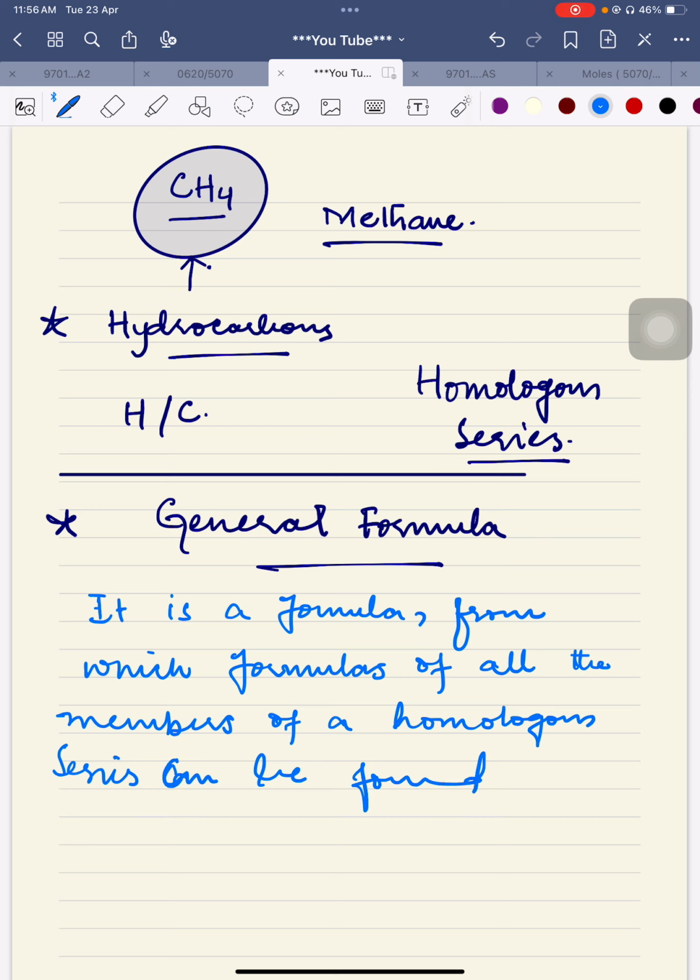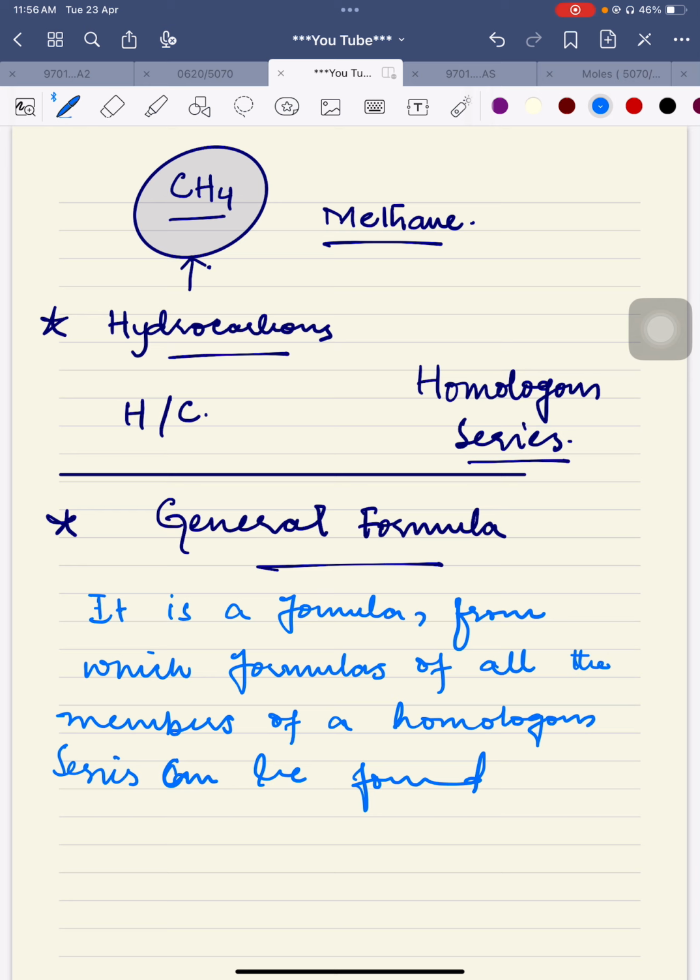Okay, so from the general formula, for example, if we have a homologous series A, it will have one general formula. If homologous series A has 100 members, we can determine the formula for all the 100 members from that general formula.